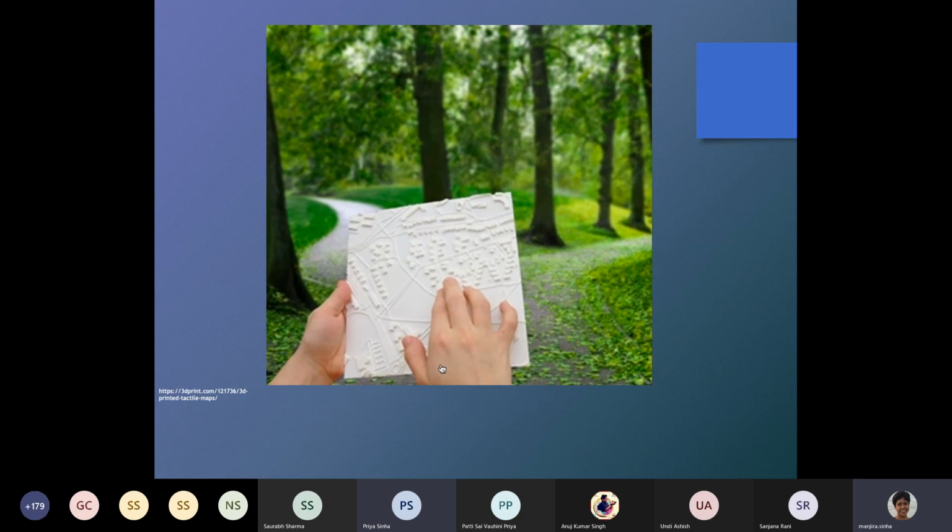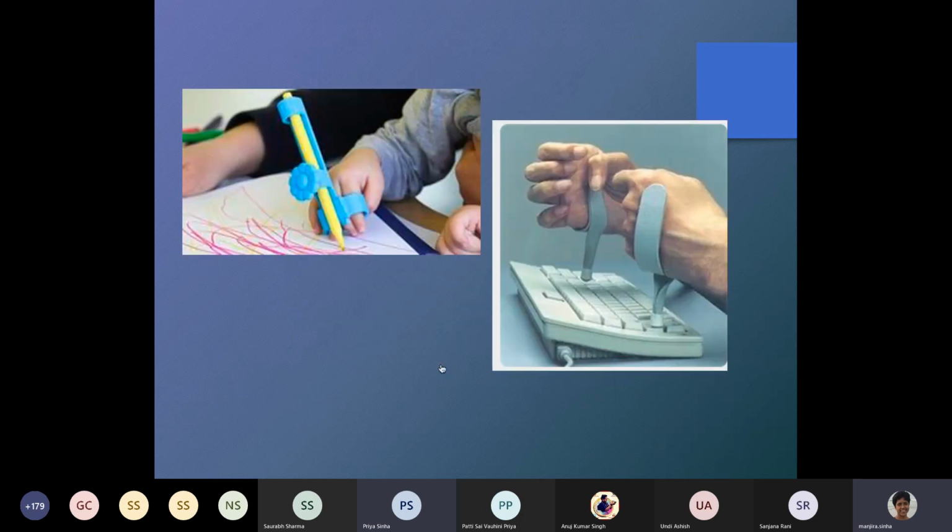So this is one example of 3D printing that we know. Whenever we think of 3D printing, the first thing that comes to our mind is disability, perhaps persons with visual impairment, because of the ability to render tactile information from 3D prints.